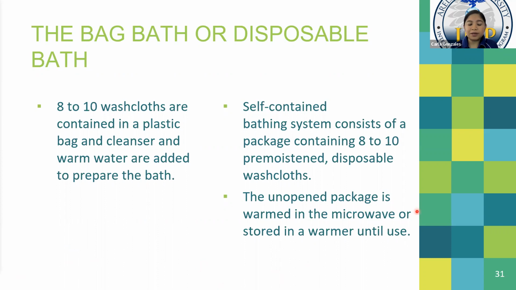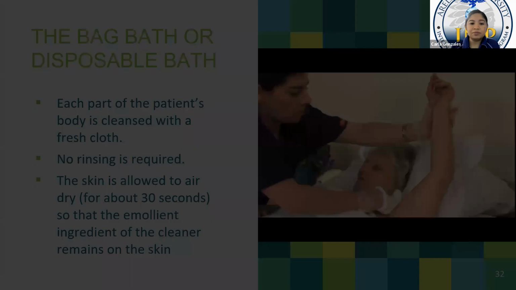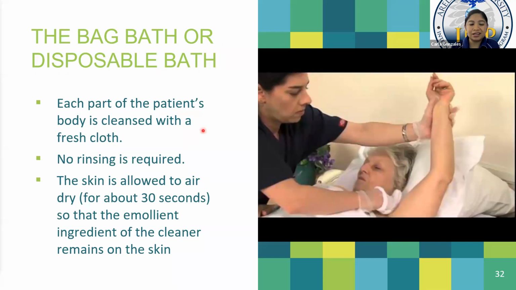Yeah, so the open package is usually warmed in the microwave or stored in a warmer until use. Each part of the patient's body is cleansed with a fresh cloth. The good thing about this disposable bath is no rinsing is required. After you wipe the skin surface, you just need to air dry the skin.